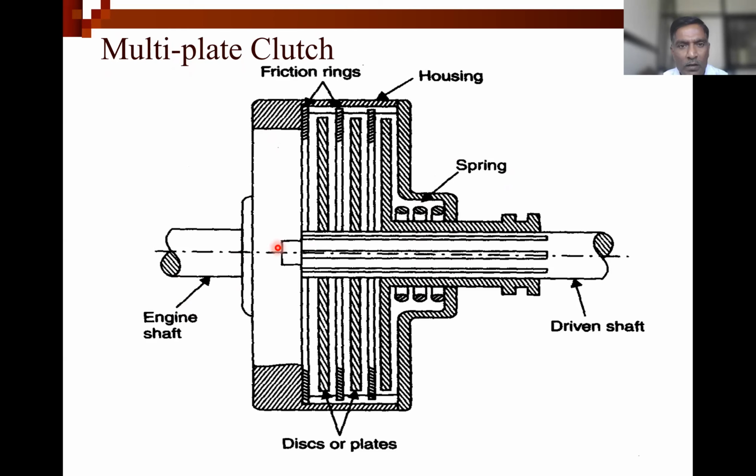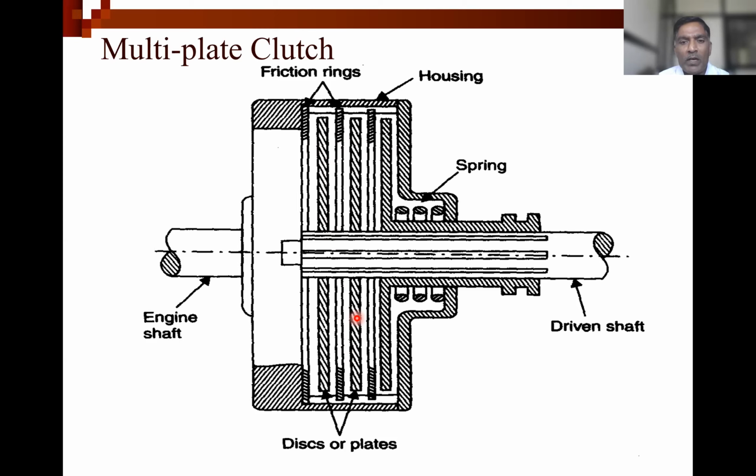This one is the flywheel, friction rings or the friction plates, then discs or the plates. These are required to apply the pressure. So ultimately, it will boost the torque transmission as the number of plates is increased.